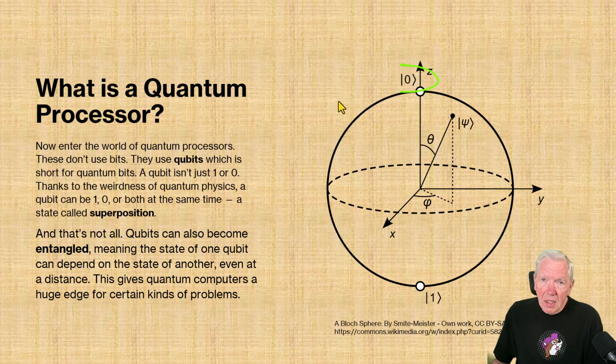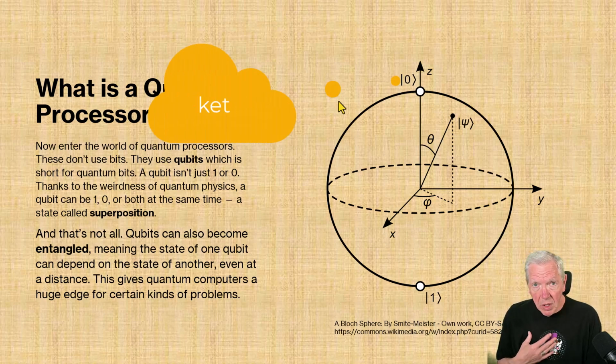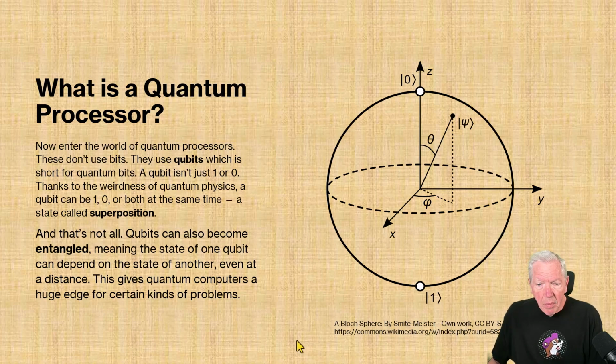This is called a ket, K-E-T, and it takes its terminology from what's called bra-ket notation. Bra-ket notation was invented by a guy named Dirac, D-I-R-A-C. What it's telling you here is that this thing is at the 0th position at the top, it's at the 1th position at the bottom, but it could be anywhere in between. So it's going to be important to get the idea of bra-ket terminology down as you go forward.